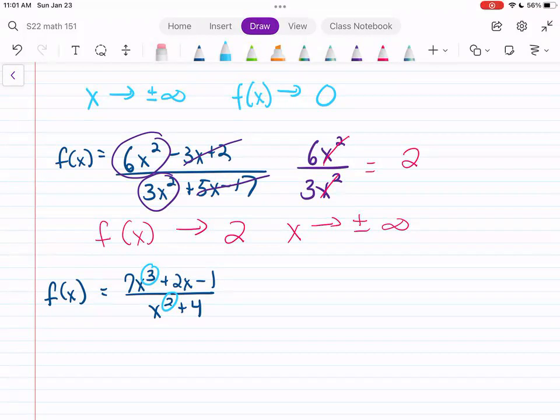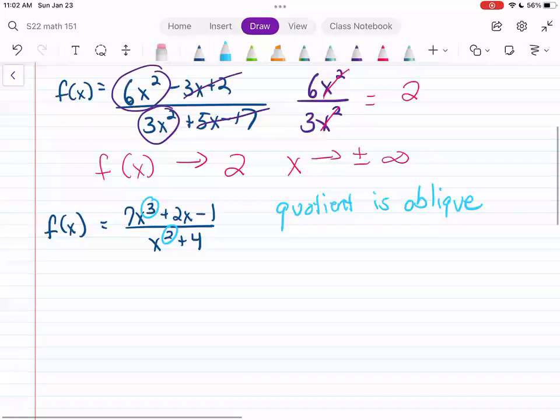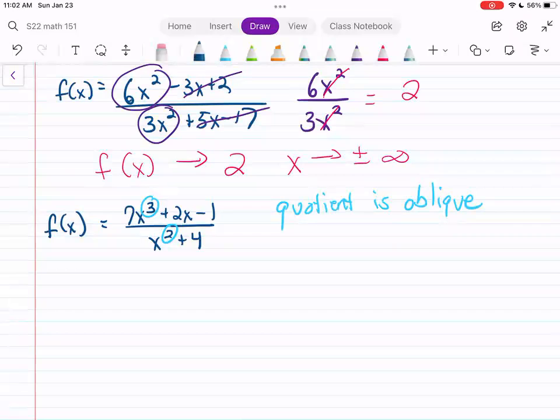To find that oblique asymptote, we divide these two and find the quotient. The quotient is the oblique asymptote, or the slant asymptote. So that's if the difference is simply 1.